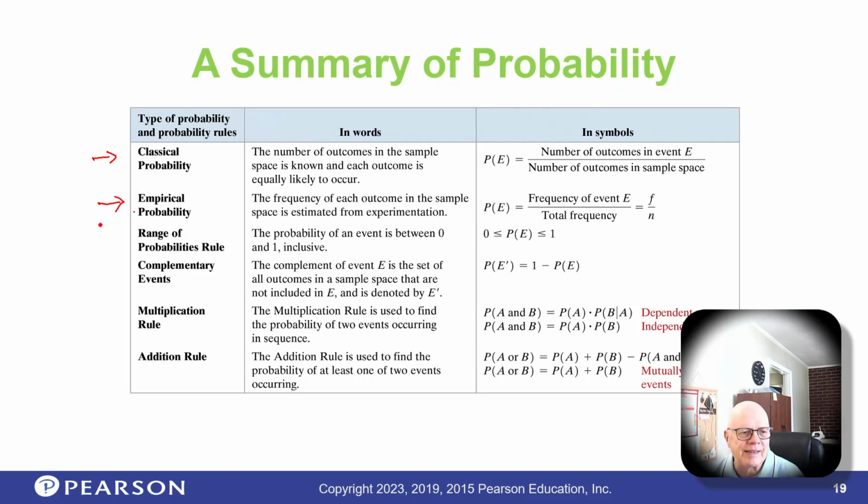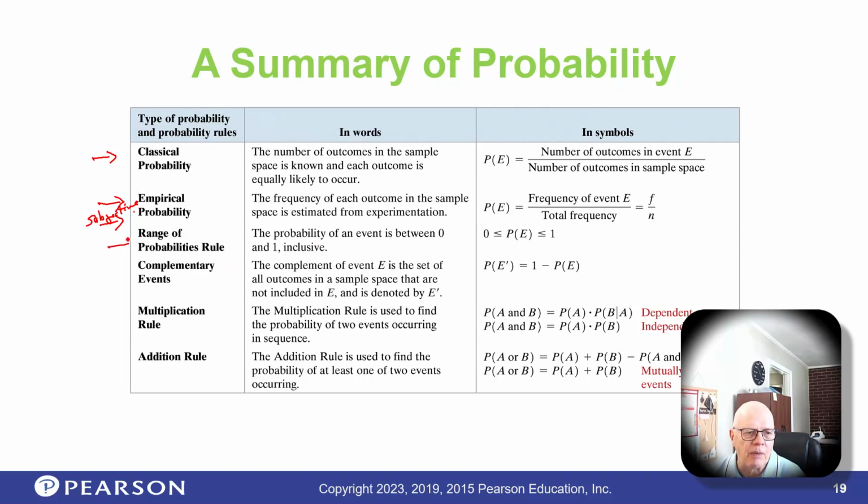Now, there is, remember, a third one, subjective probability. And we're not going to consider that when we're doing addition or multiplication rules because we don't really have a good answer there.